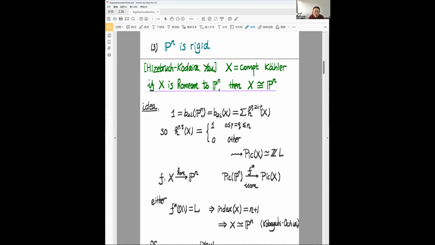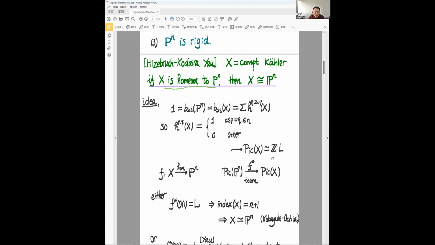First of all, we show X is homeomorphic to PN. So you can deduce the Betti numbers are the same as PN, and then from this you can deduce the Hodge numbers, as we assume it's Kähler. Then you deduce the Hodge numbers are the same as the projective space, and in particular you get that the Picard group is generated by just one generator.